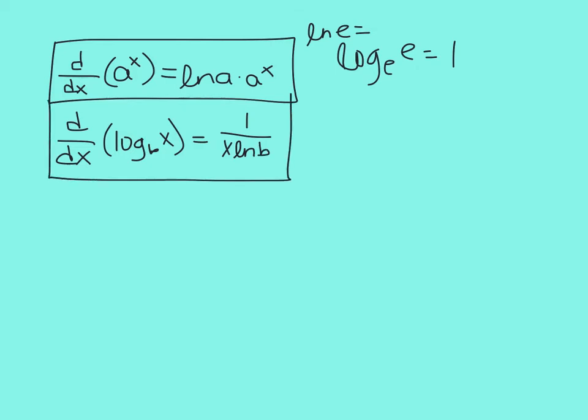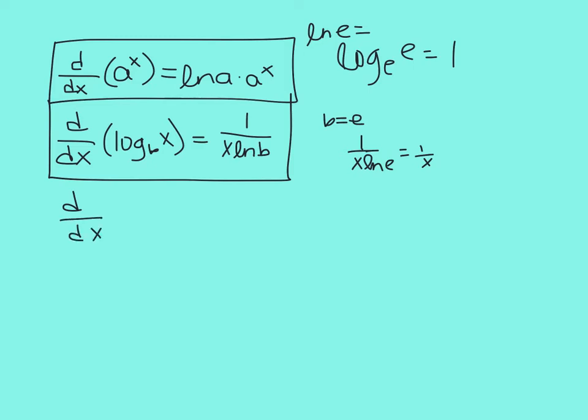Now, if b was equal to our e value, you would get that the derivative would be equal to 1 over x times ln of e. Again, remember, ln of e equals 1.